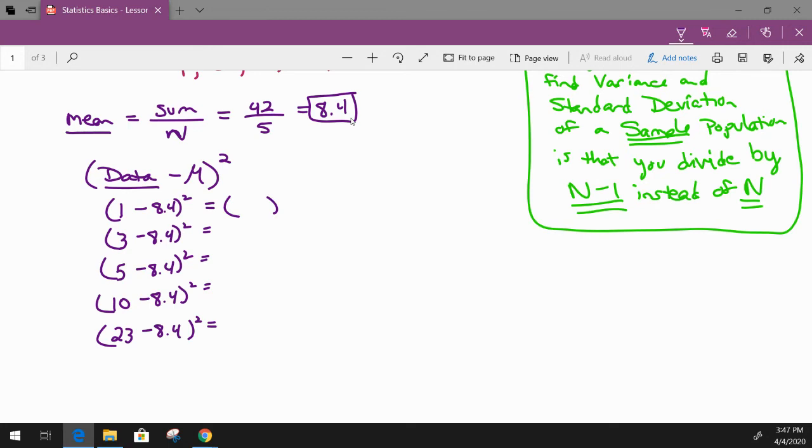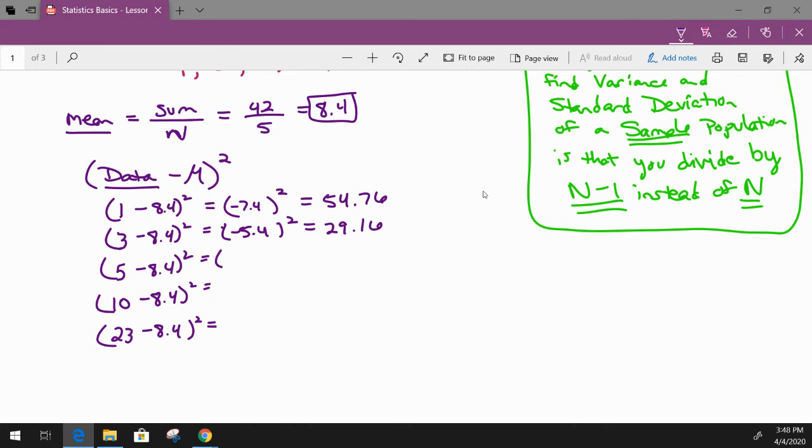When I subtract 1 minus 8.4, I get negative 7.4, and when I square it, I get 54.76. When you take 3 minus 8.4, I get negative 5.4, and when I square it, I get 29.16.